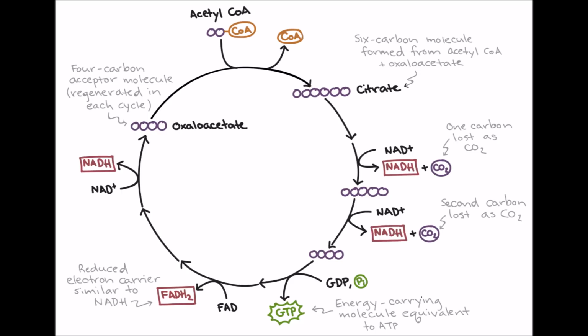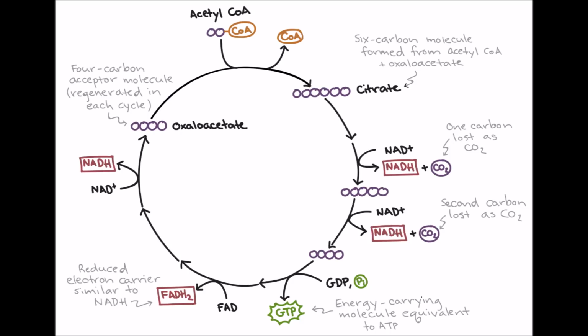So with the citric acid cycle, we start with the acetyl-CoA, and then we make 3 NADH and 1 FADH2, and at the bottom you see it says GTP there. That is just essentially ATP. It's molecularly equivalent to ATP, so it's technically GTP, but it's ATP.